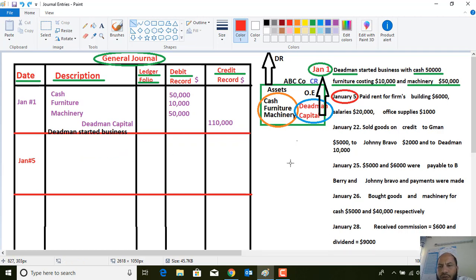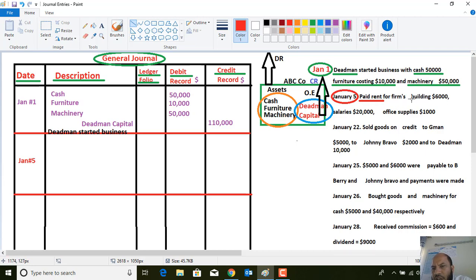Now dear students, let's find the accounts in this transaction. So on January 5, what happened? Deedman, for example, paid the business rent. So let's say that rent is an account and he paid the amount of this rent.